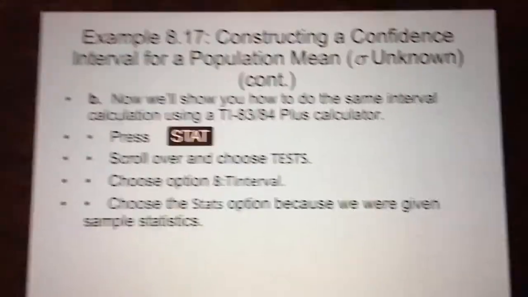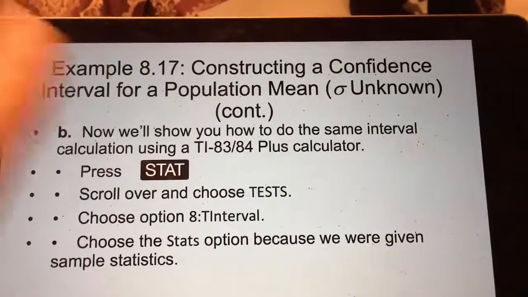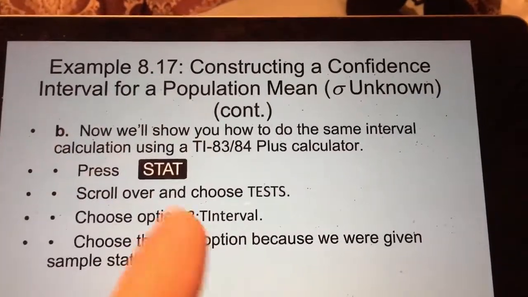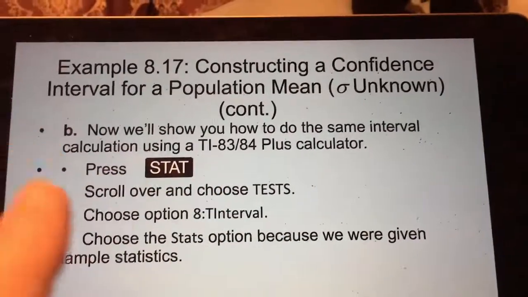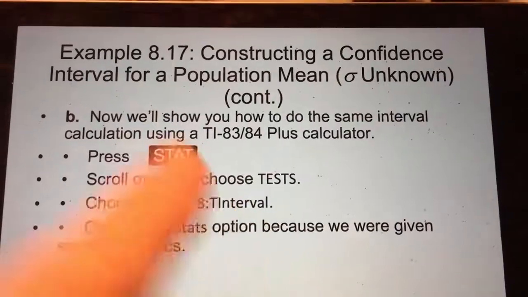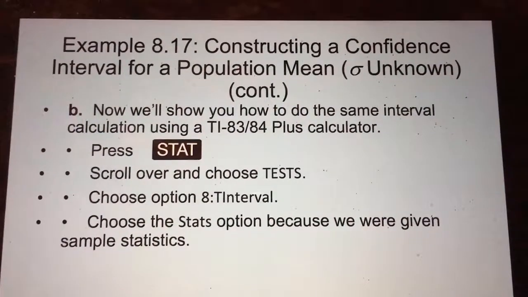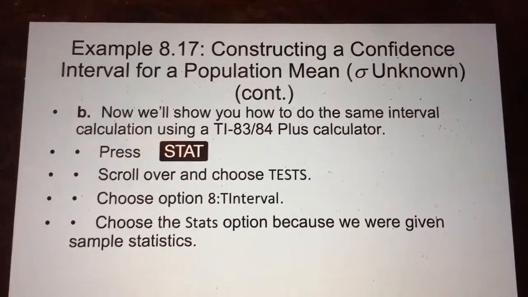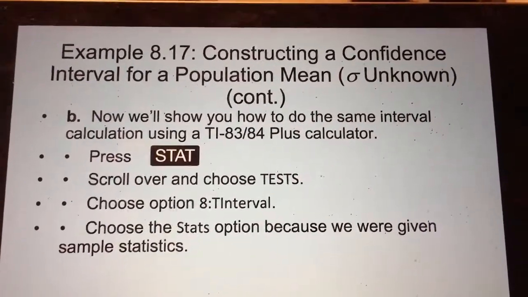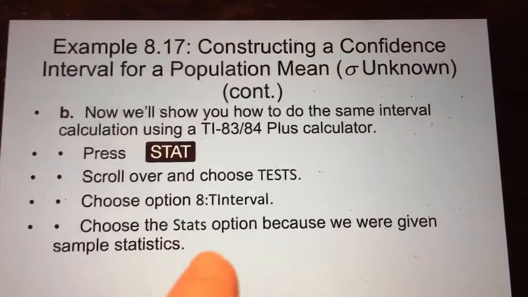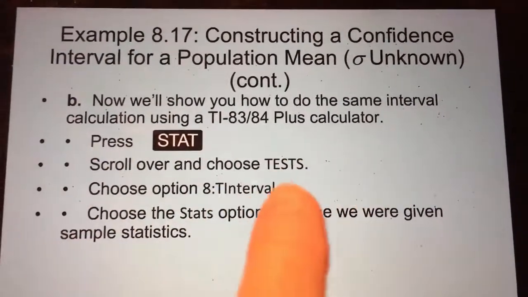So now what they're doing on this slide, still example 8.17, is trying to show you how to use the T interval, which is not under distributions. But remember when we did the proportions, we had the PROPZINT function. This one is the same type of thing, but it is under stat, choose test.